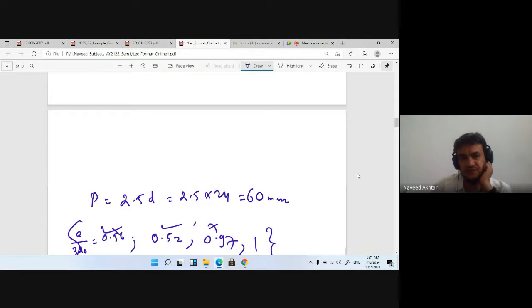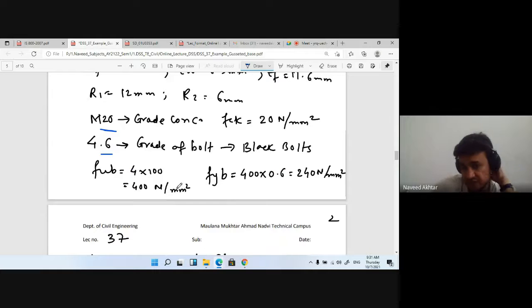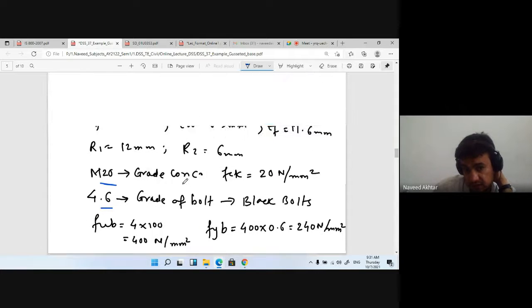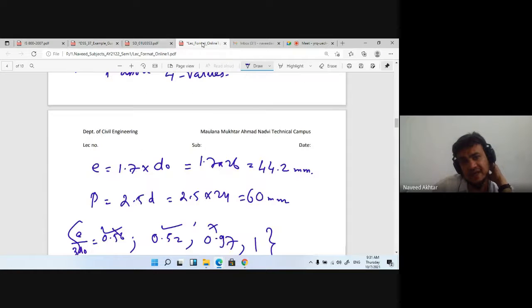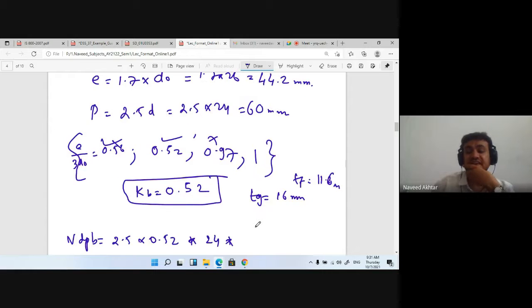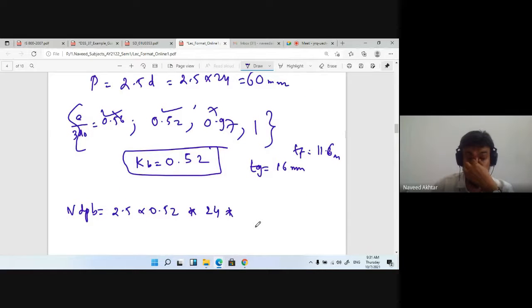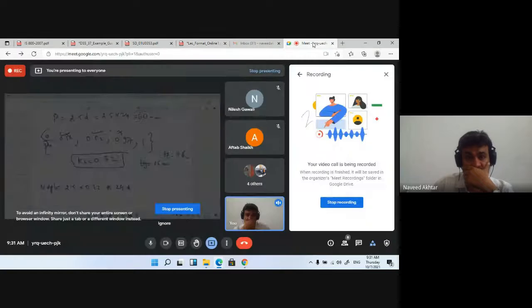In your lecture it is already given, the thickness of flange is 11.6. Okay.